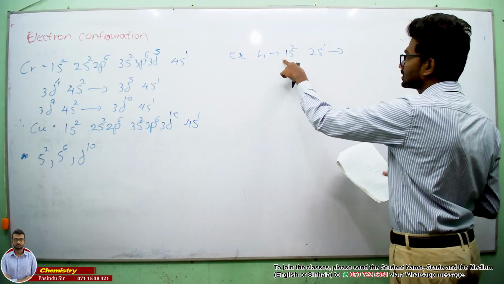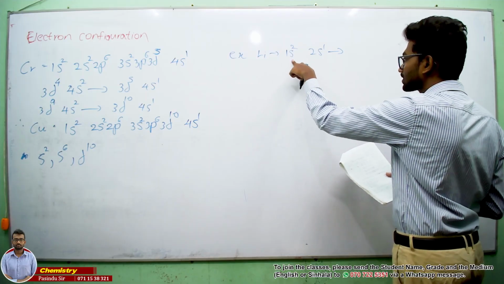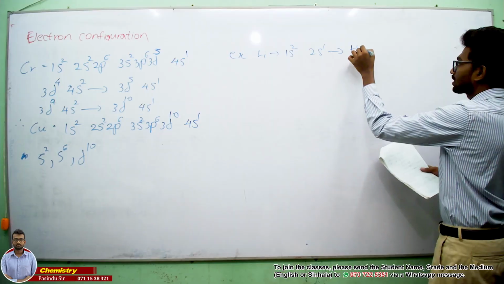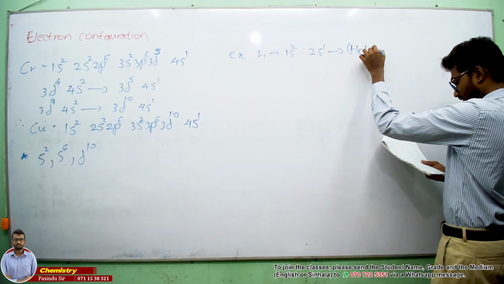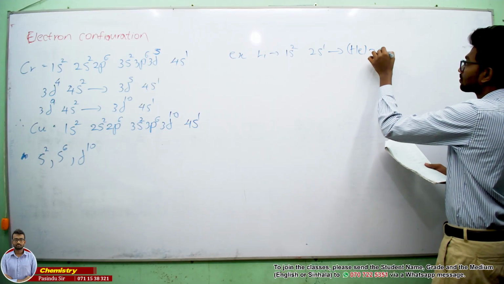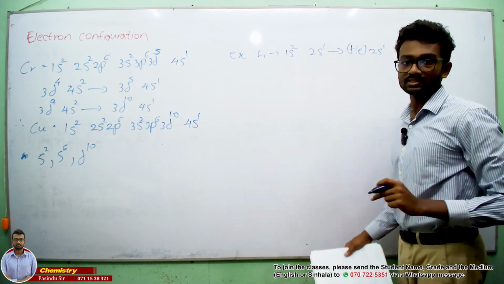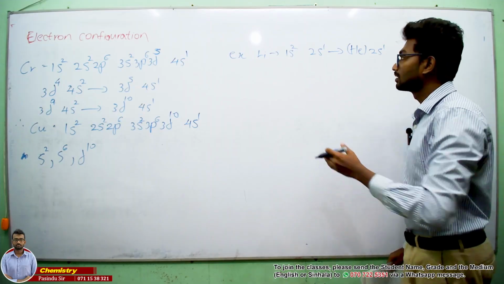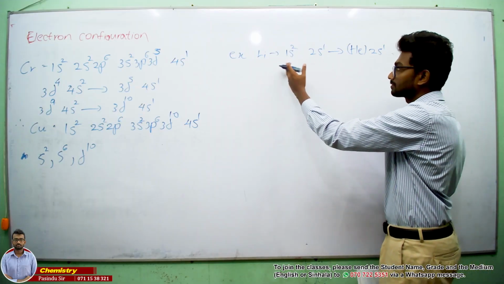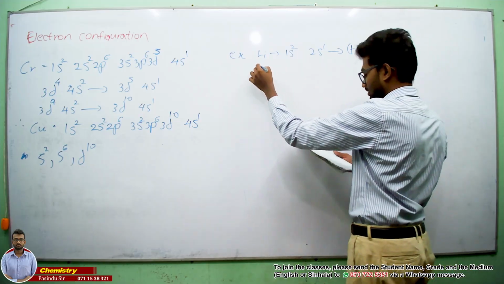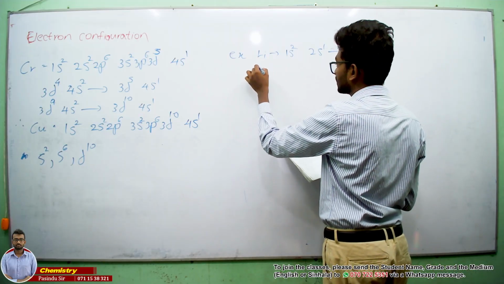Which element has this configuration? Helium. So then you can write helium and then 2s1. Helium represents the front configuration.